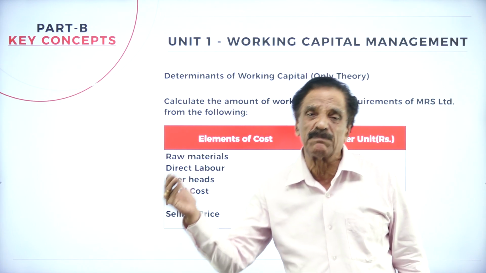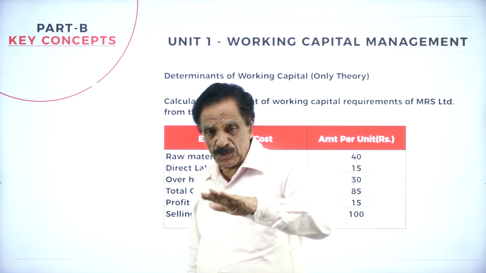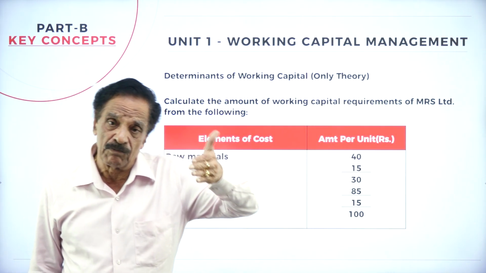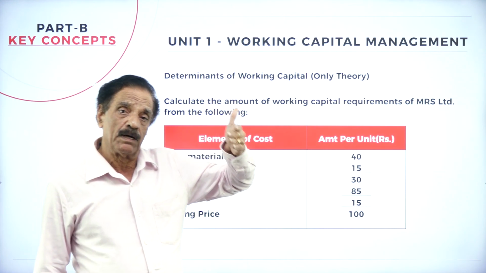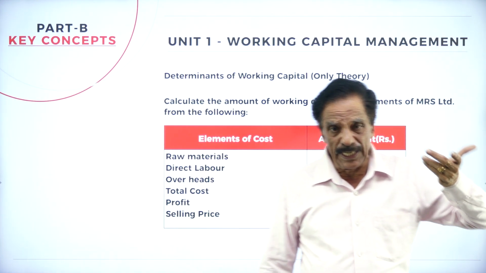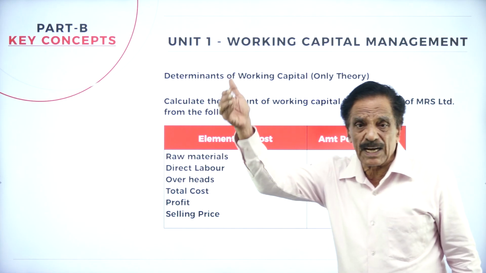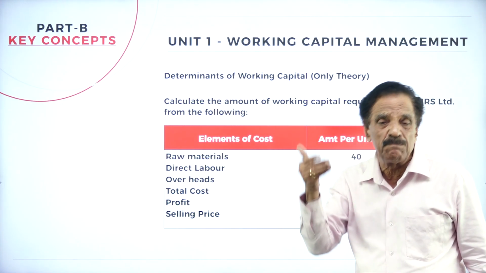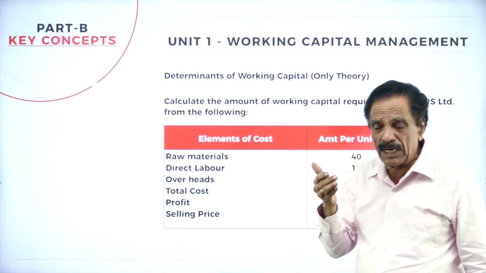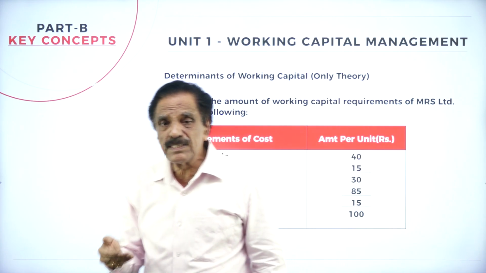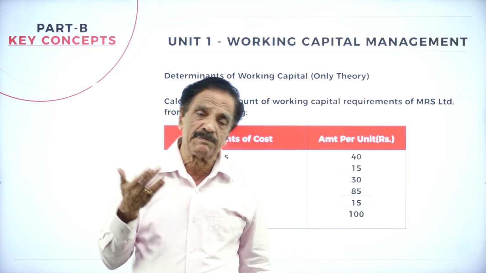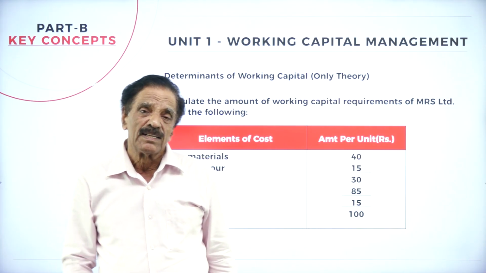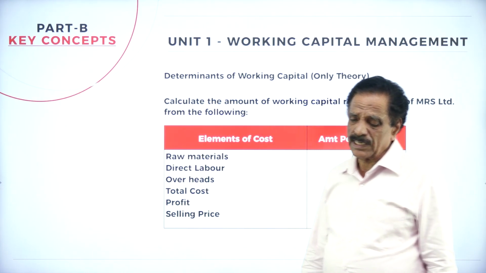Which are the current liabilities? Creditors for purchases, lag in payment of wages, lag in payment of overhead, and any other outstanding expenses that should be deducted. Current assets minus current liabilities is called total working capital. Contingencies may be 10% or 15%. Add that to that figure, and the total is called net working capital.